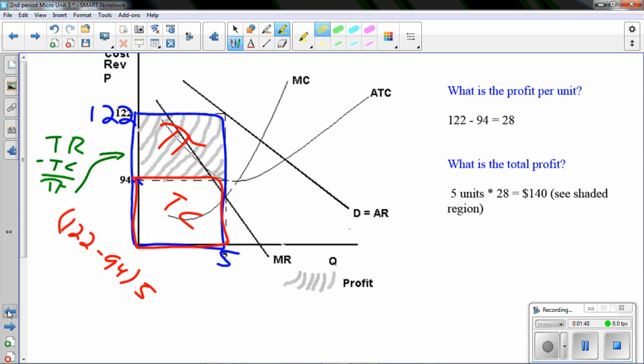If you think about it, that makes sense, because this monopolist is going to produce at this quantity down here, right there. Well, that's the equivalent of that point on the demand curve. So that is actually where supply is equal to demand. So they have a supply point, not a supply curve.